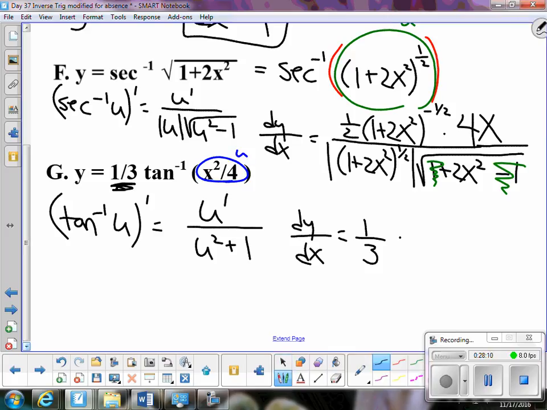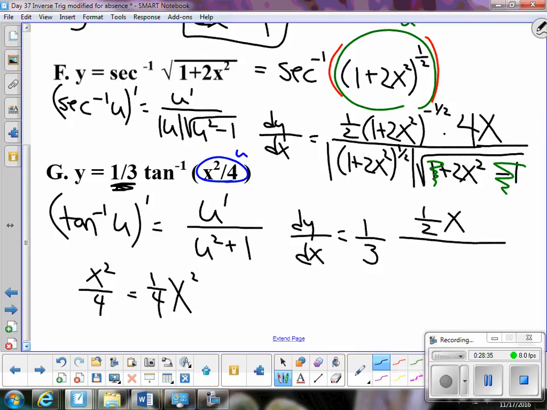So its derivative, u prime, the derivative of x squared over 4. If you think about it, x squared over 4 is the same thing as 1/4 x squared. So its derivative is 2 times a fourth, or 1/2 x, or x over 2.